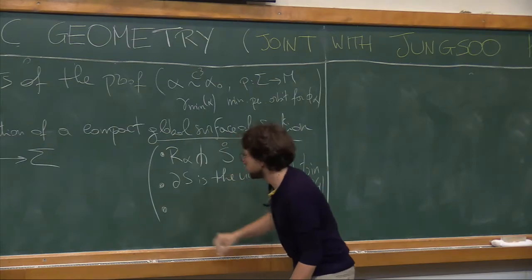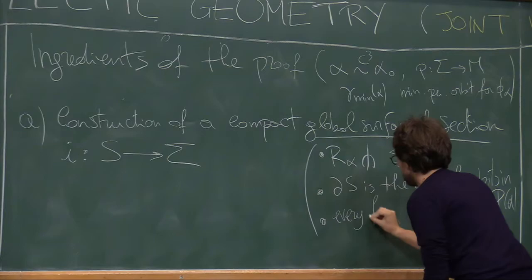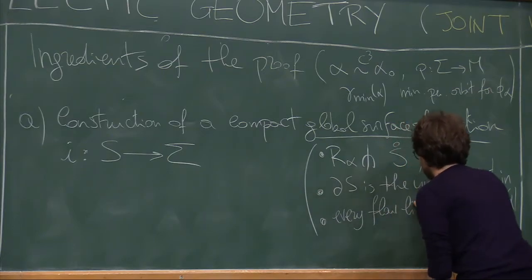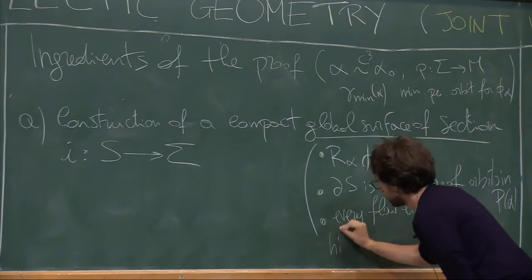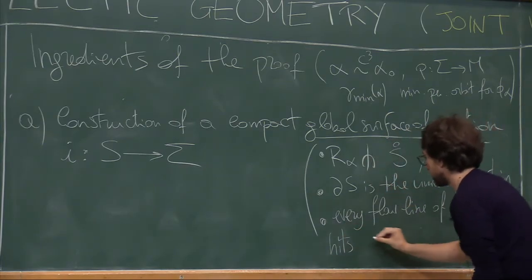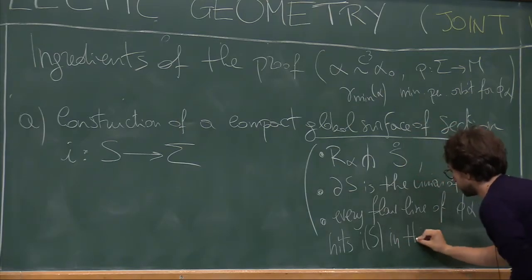And the last condition is that every flow line of phi alpha hits i of S in the future and in the past.